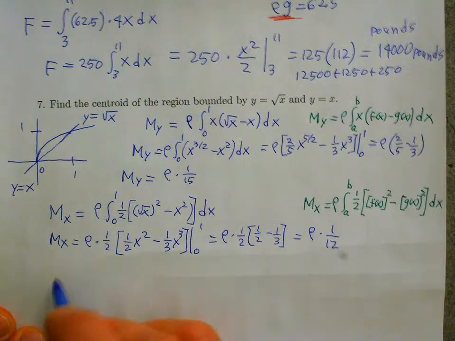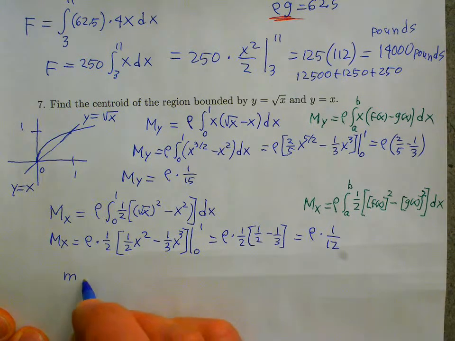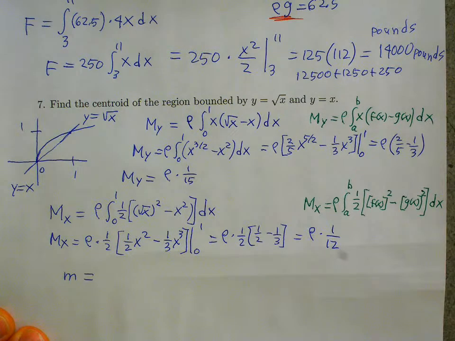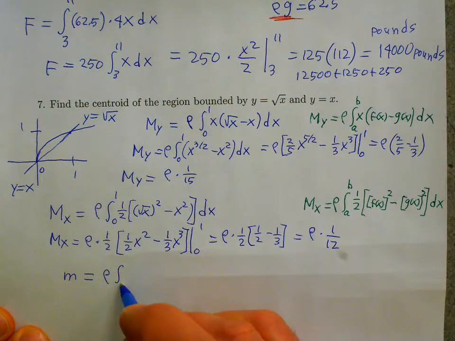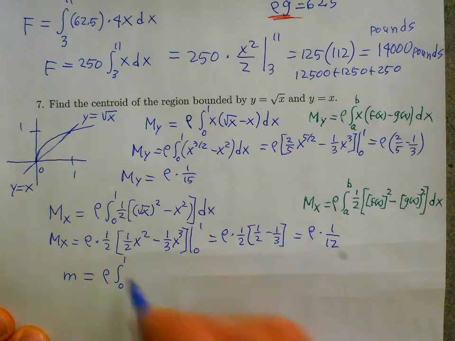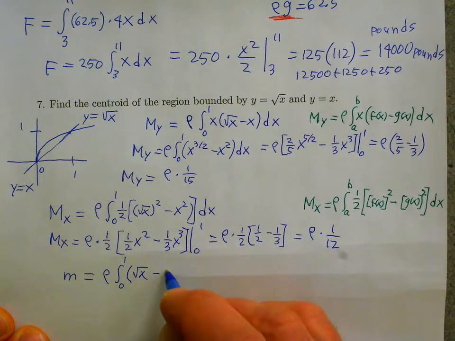Okay, then we find the mass of the region. So the mass of the region is rho times the area in that region. So the area is the integral from 0 to 1 of the square root of x minus x.